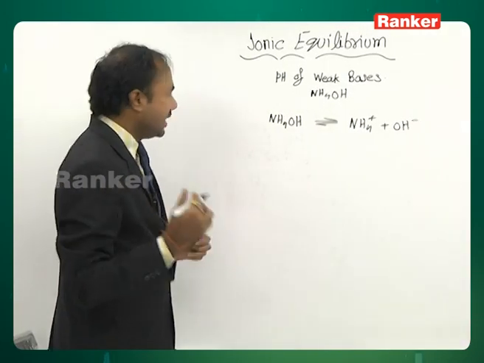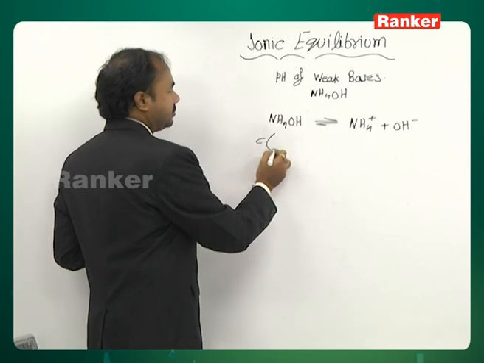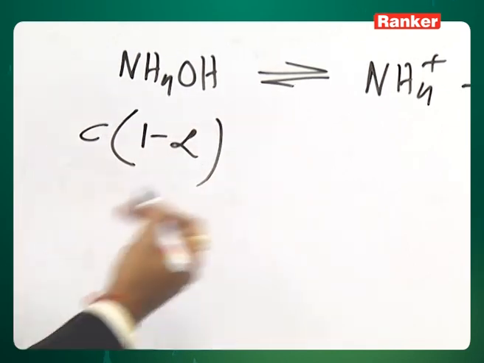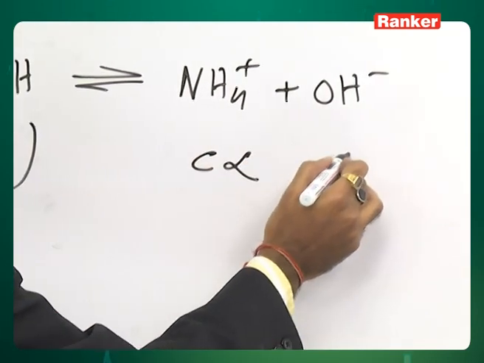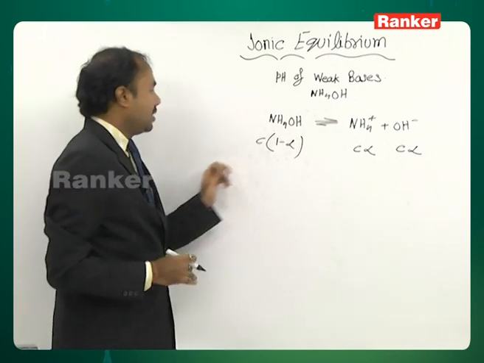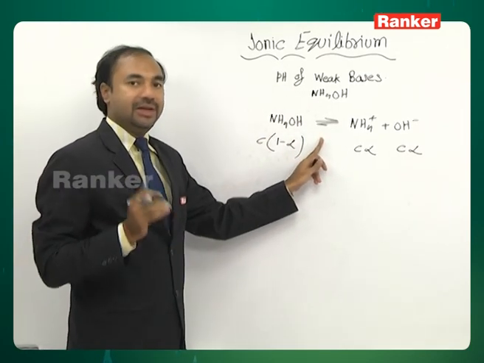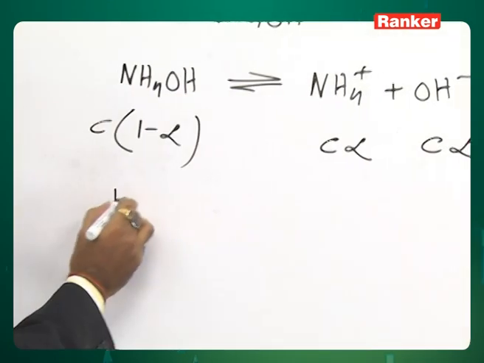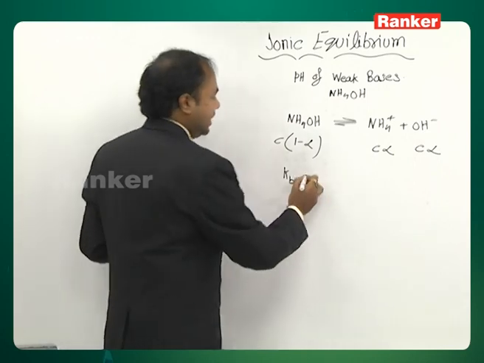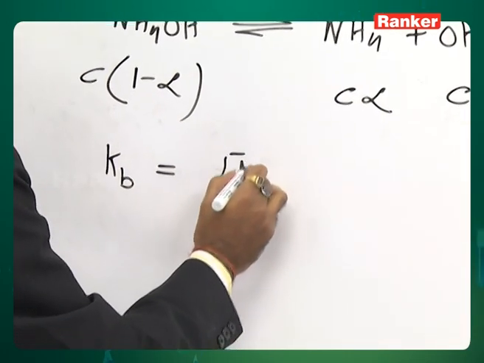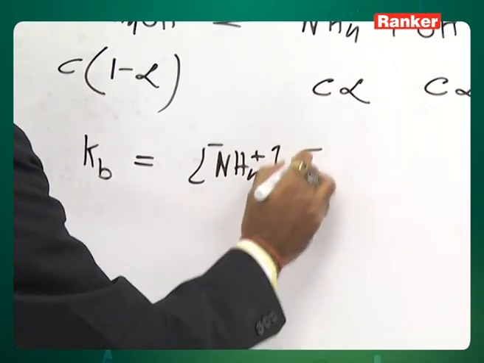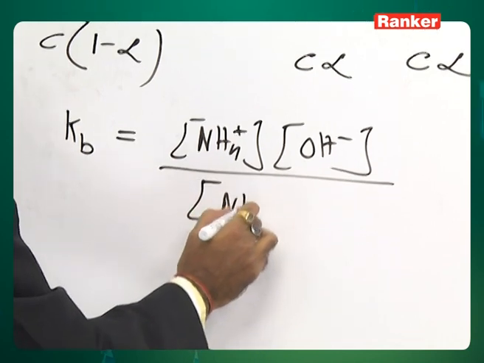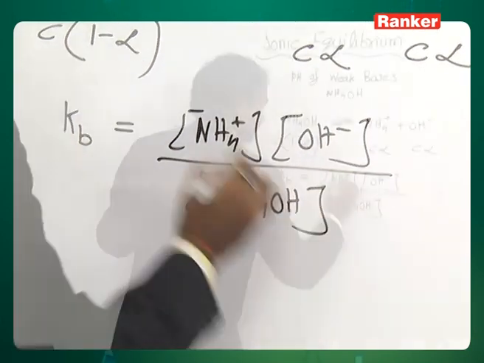If concentration we take as C and its degree of dissociation is taken as alpha, we get it as C alpha and C alpha. Now we got the equilibrium constant for this weak base, and the equilibrium constant for the weak base dissociation is known as Kb. So Kb for this will be equal to concentration of ammonium ion into OH minus ion upon concentration of NH4OH.